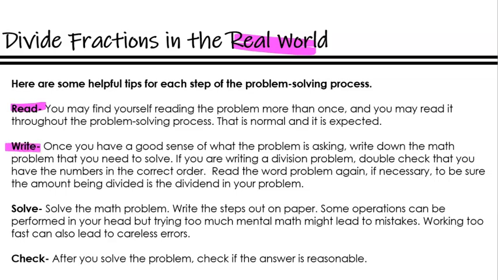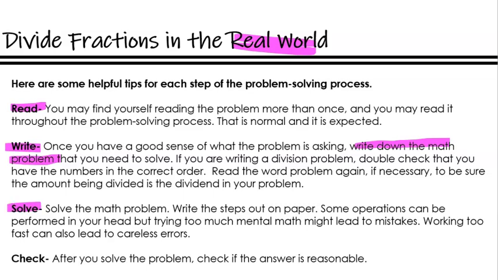Once you have read and you really understand what it's asking, write down the math problem that you need to solve. If you're doing division, double check that you have the numbers in the correct order. Read the word problem one more time just to make sure that you have everything in the right spot. So write down the math problem and check that you have it correct.